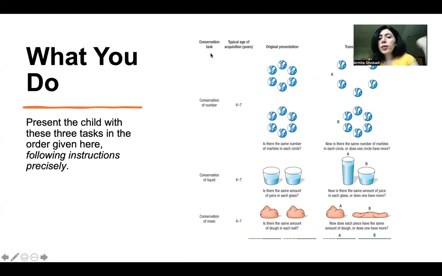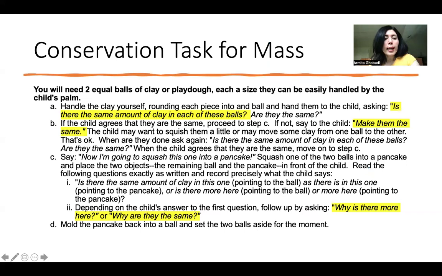For the conservation task, if it is number, you need pennies or coins. For conservation of mass, you need Play-Doh or clay. Each of the conservation tasks has definite steps, and you're going to read them carefully. For example, in the beginning you're going to have a big chunk of clay.